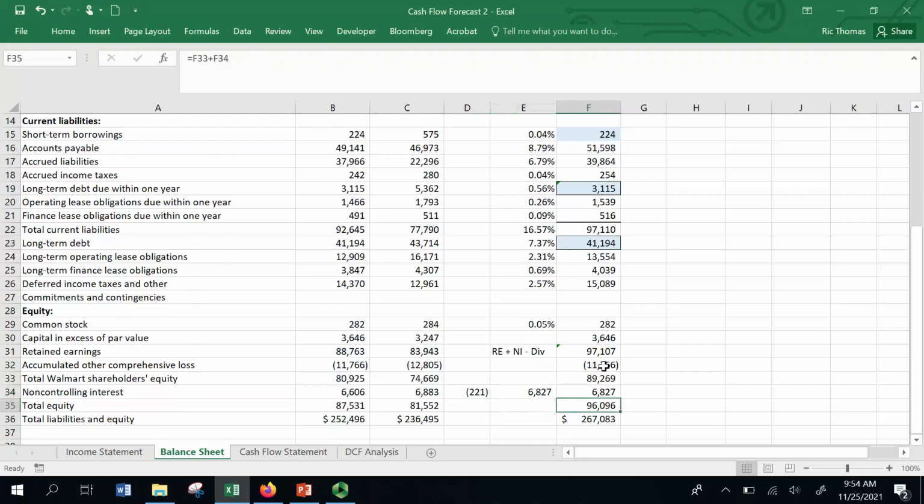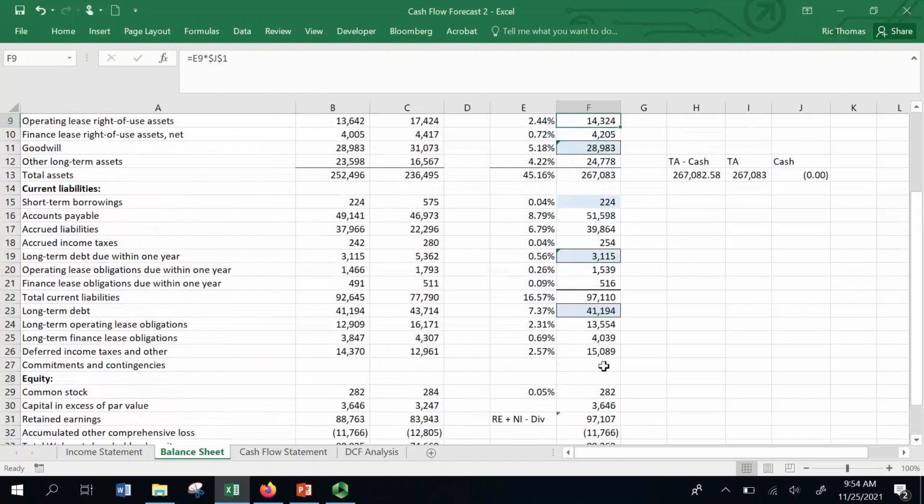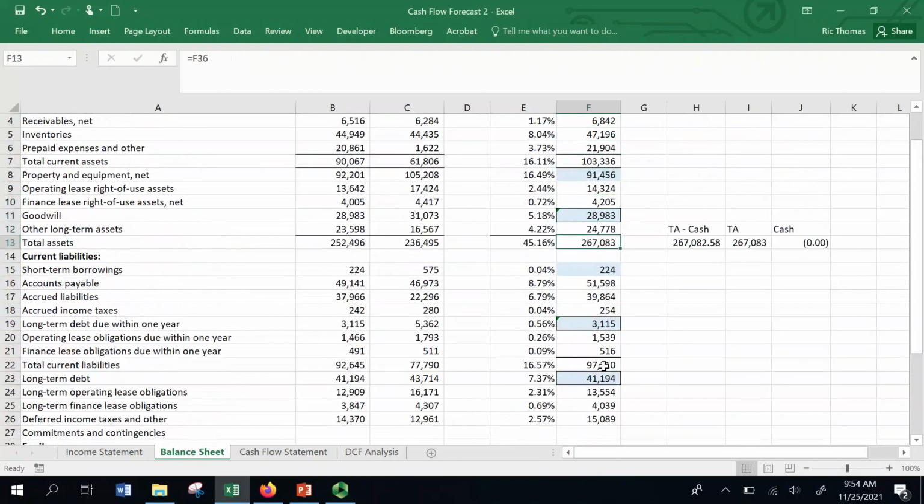And so then I get total equity. I sum all that up. Total liabilities plus equity, 267,083. Once I have total liabilities and equity of 267,083, I know that I can put that number in there. It's 267,083. So I'm just actually linking F36 here, which is that number at the bottom.